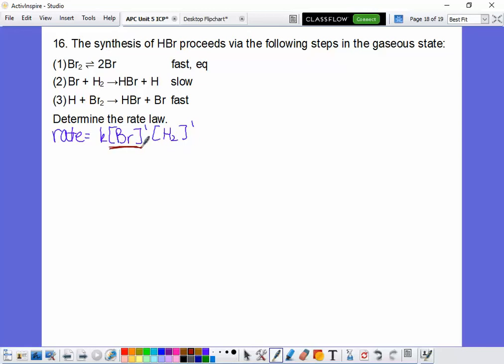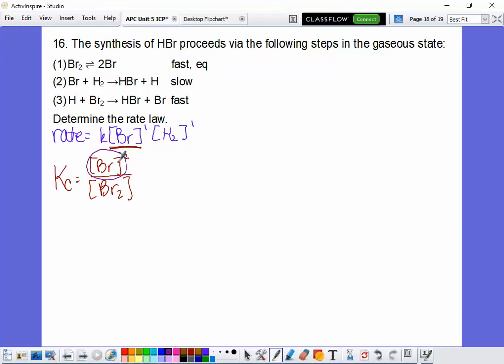So we've got to get rid of Br. So we're going to write the equilibrium expression for the step before it because that's in equilibrium. And what does our equilibrium expression for the first step look like? Looks like that, right? And then we need to solve for Br in that equation.